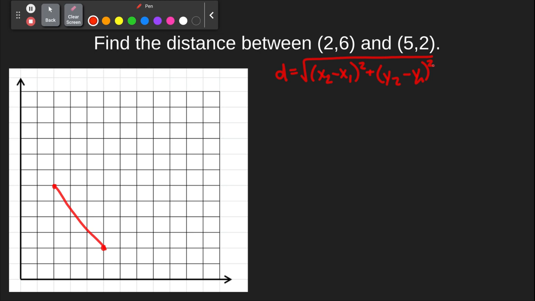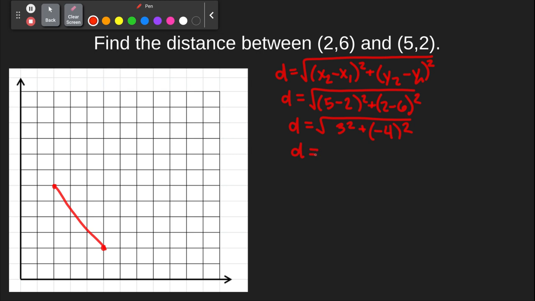So for this specific problem, we're going to get that the distance is 5 minus 2 squared plus 2 minus 6 squared, and then you take the square root of all of that. Let's work it out. We get the square root of 3 squared plus negative 4 squared.